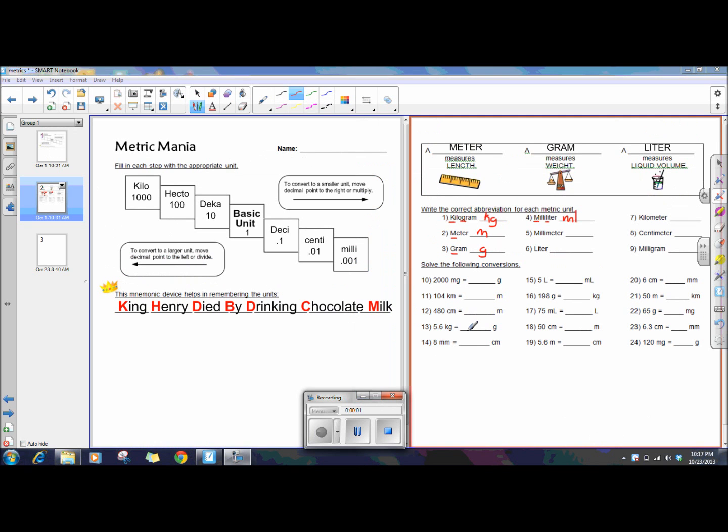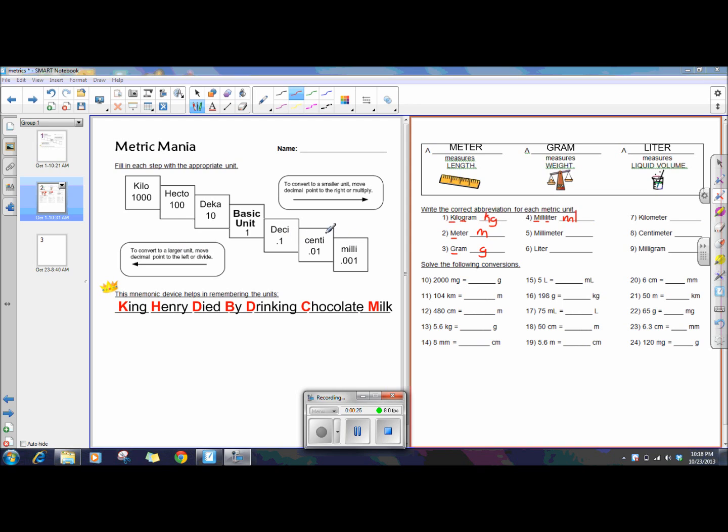Okay, this last section is all about conversion. Converting from one object to the next, from one section to the next. Here we're starting off with our milligrams, which are all the way down here in our thousandths place. And we're going to go up to our grams. So we're going to go 1, 2, 3 places. So we're converting to a larger unit, move the decimal point to the left, or divide.